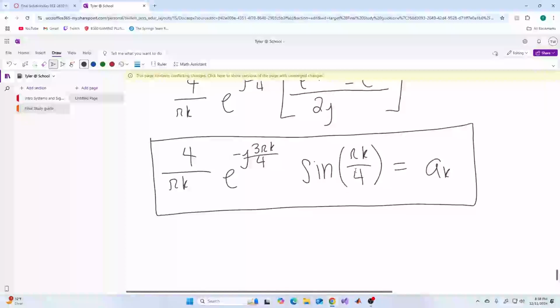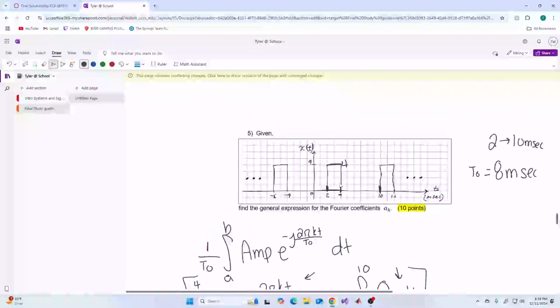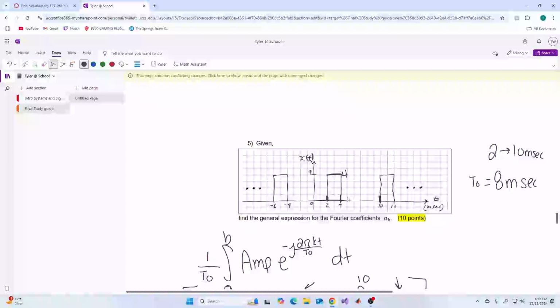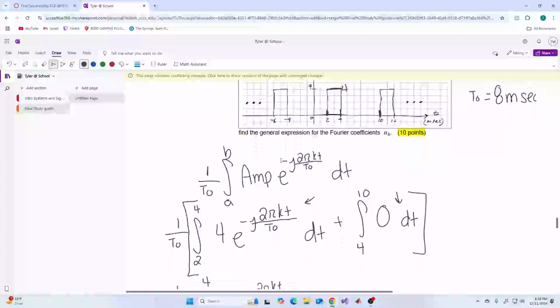So just to reiterate the steps one more time. The very first thing we do is we find our period. Our period is when it repeats. So our period was from 2 to 10, which is a difference of 8 milliseconds. Then I go ahead and write out my formula.